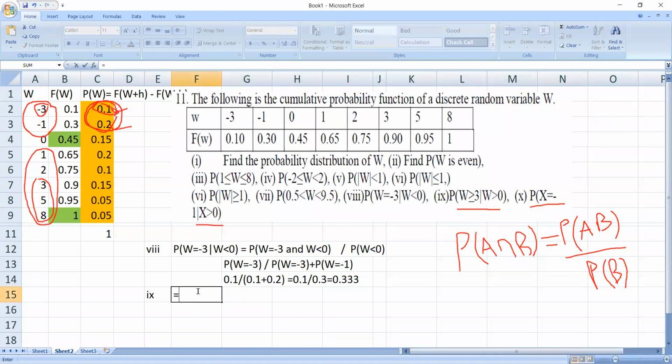So that comes to 0.05 plus 0.05 plus 0.15 divided by 0.1 plus 0.2 plus 0.15. Yes, 0.45455.